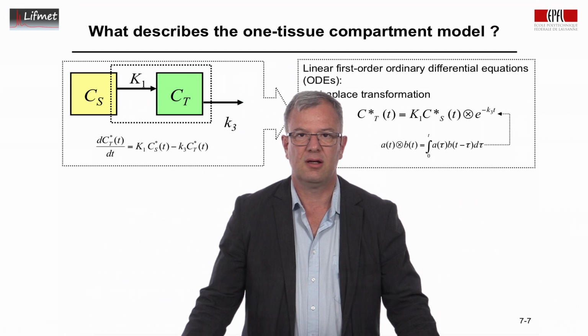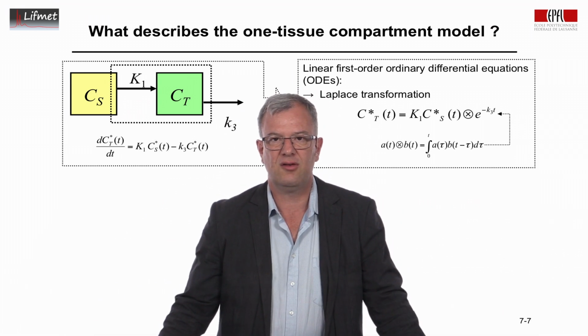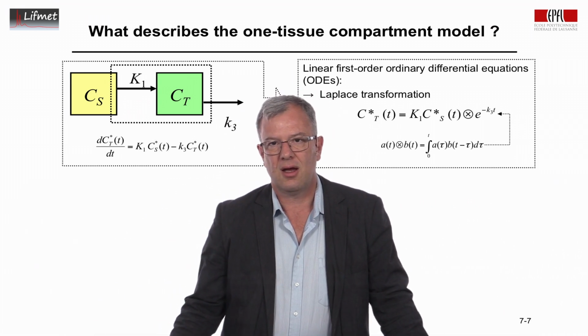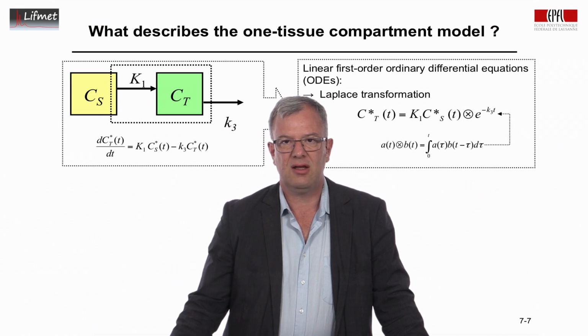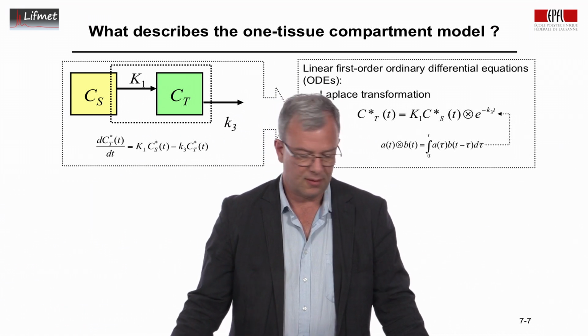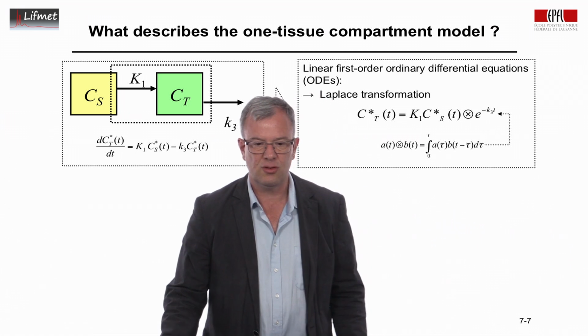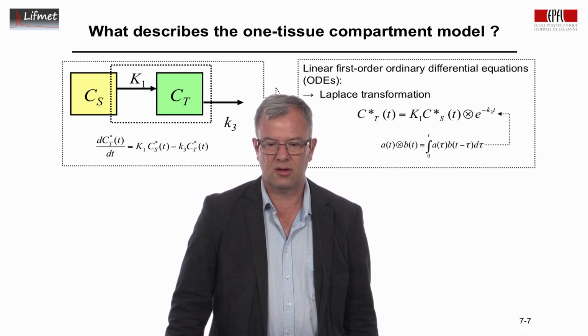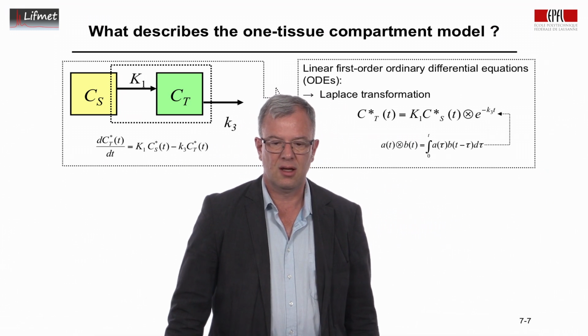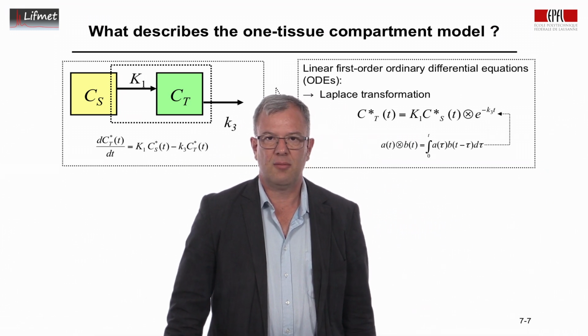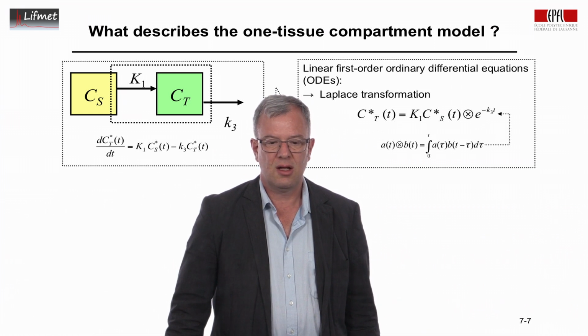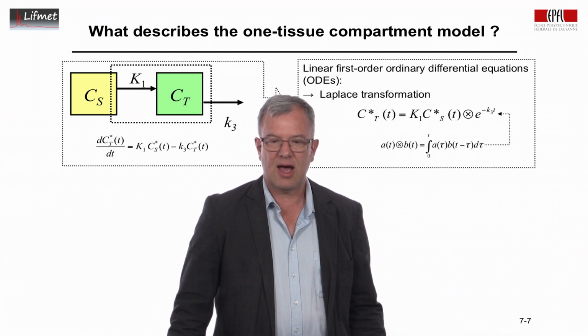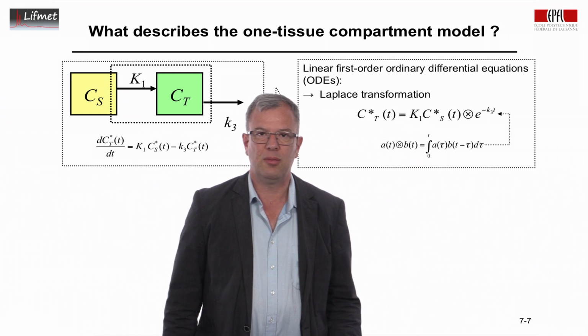Now the Laplace transformation is algorithmically not very easy to handle. It is not very intuitive, and in practice it is hardly being used, although this is strictly speaking the mathematically strict solution.